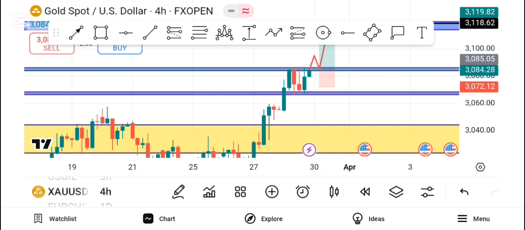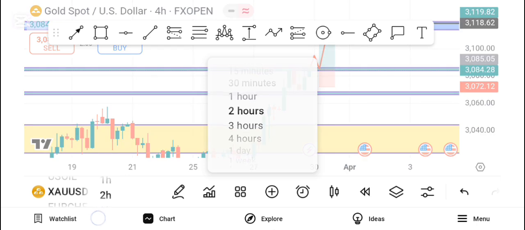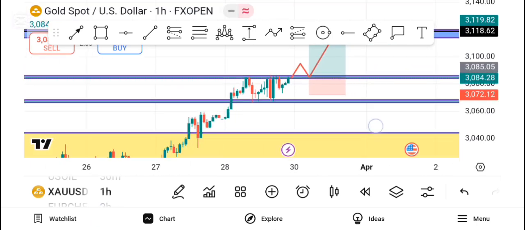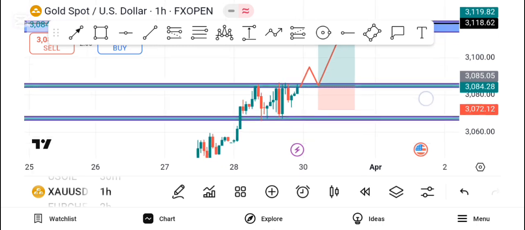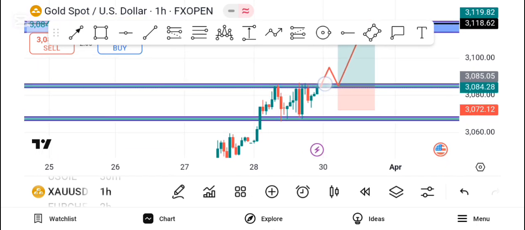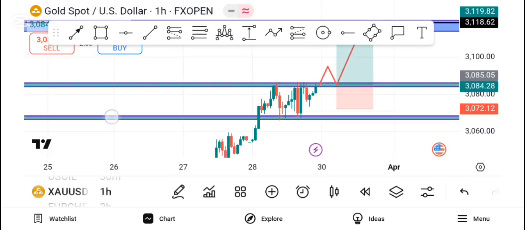But I have two ways I can take entry on this gold. Whichever happens, I'm going to take the entry. Let me go to the 1 hour time frame and show you. As you can see, price is also in an uptrend in this 1 hour time frame. This is my first entry: it breaks this resistance level over here and retests, I'll take the entry.